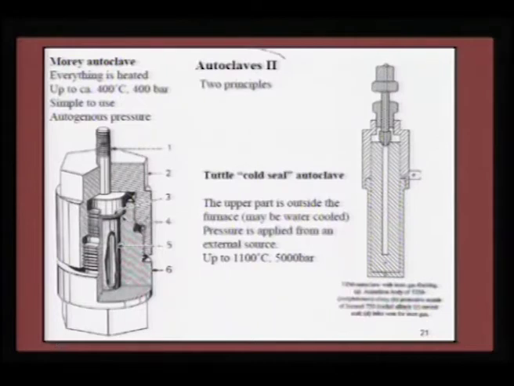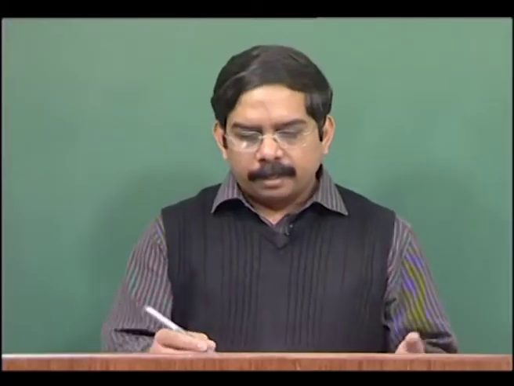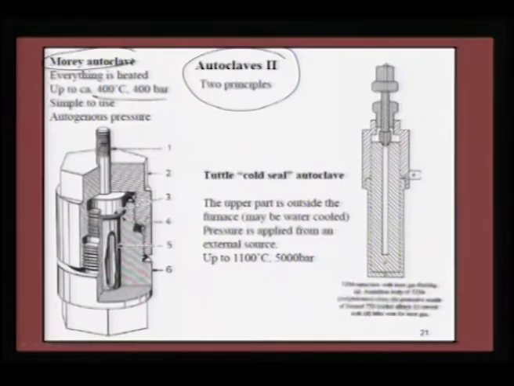There is another autoclave, which is a Morey autoclave, which is nothing but a bomb where the whole thing is heated to high pressures and high temperature, and this is one way of doing that. Or we can try to heat the vessel here with the open vessel.